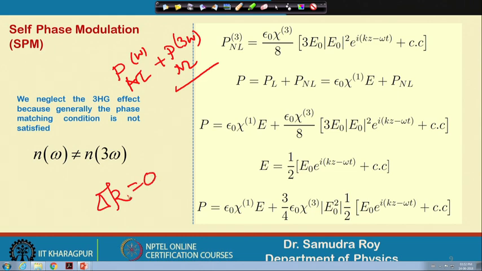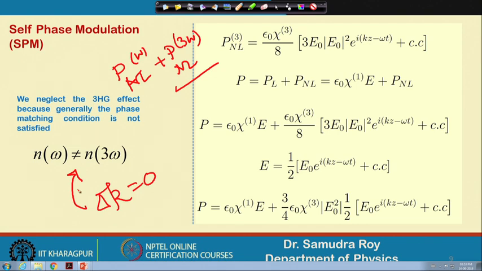In this case, the delta k equal to 0 condition leads, in terms of frequency, to the expression n of omega is equal to n of 3 omega. But normally we know that due to dispersion, n of omega can never be equal to n of 3 omega. So, we will normally not get the third harmonic. It is very difficult to get the third harmonic.